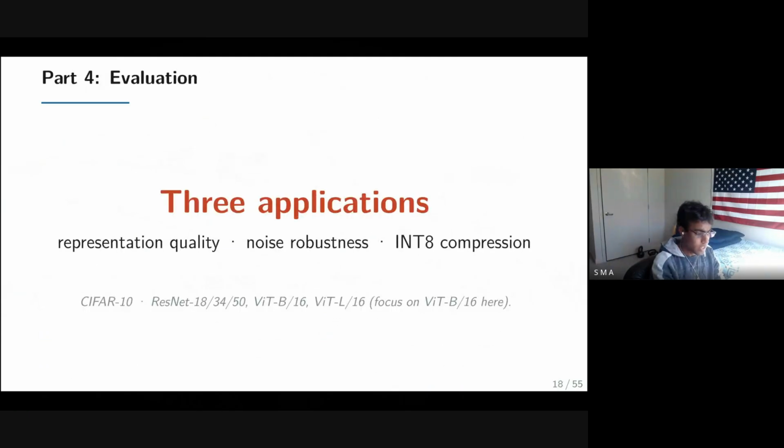So now looking at the applications, we actually focused on 3 main applications here: looking at the learned representation quality, robustness to noise, and model compression. We thought these are really good applications to look at.